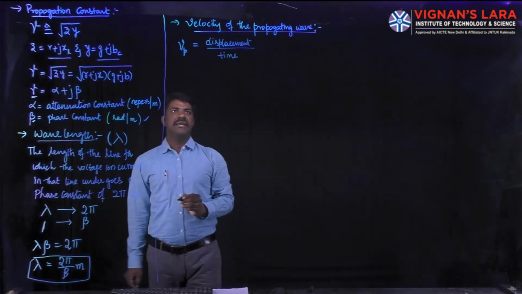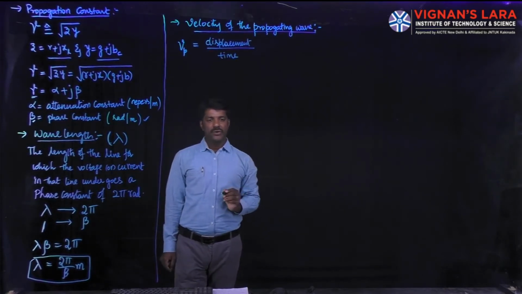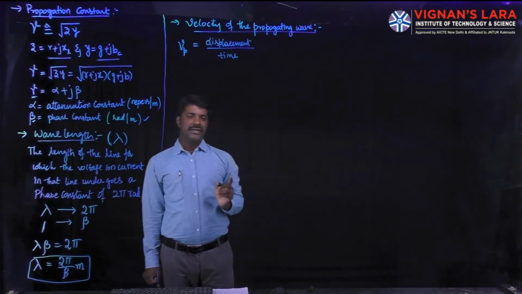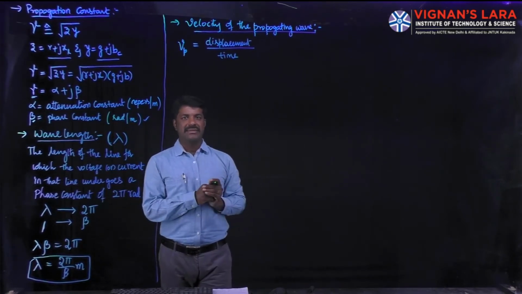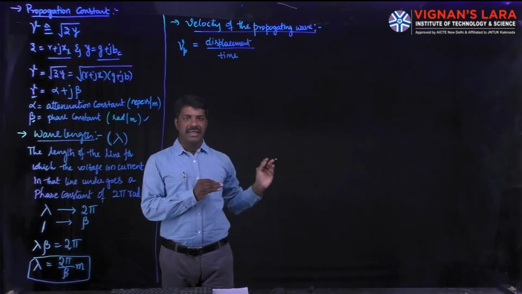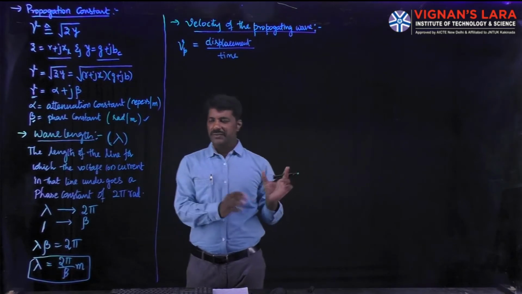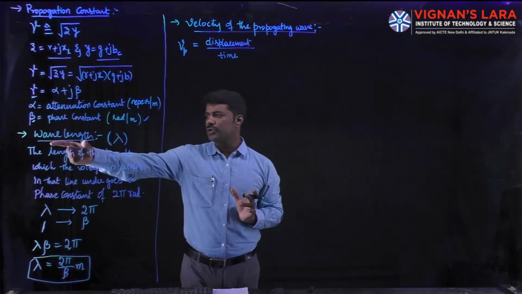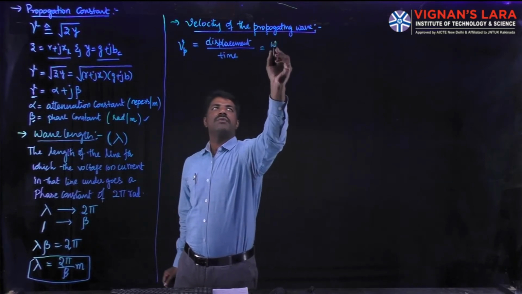But observing here, the displacement is done by the quantity called voltage or current. The voltage or current wave is moving over the transmission line for a certain length. Since it is moving over a certain length, we have to define it in terms of its distance. Just now we discussed that this length is the wavelength.